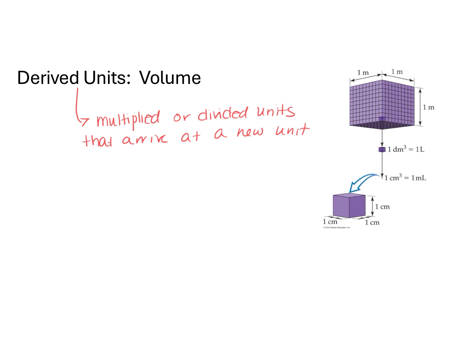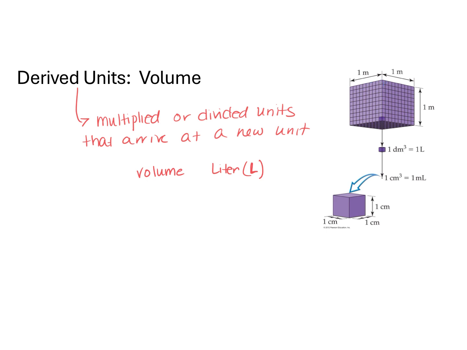Well, what do I mean by this? When we think about volume, for example, volume is measured in liters, right? With an L as the unit there. And a liter is a cube. So we have a cube here.